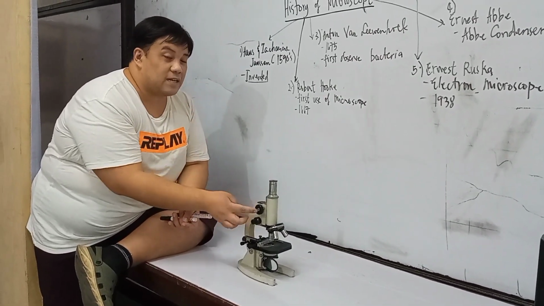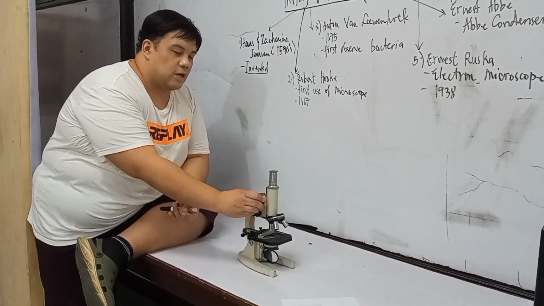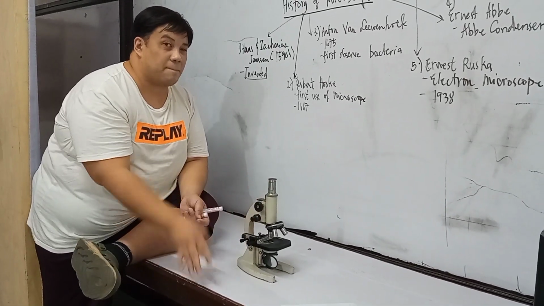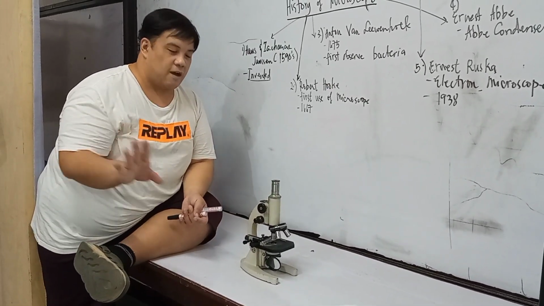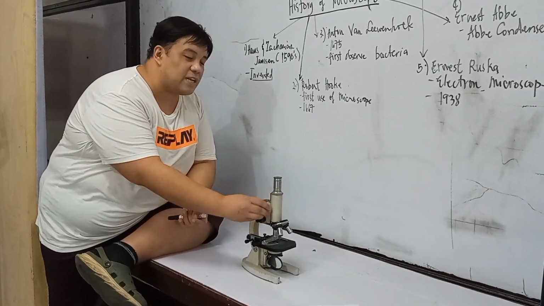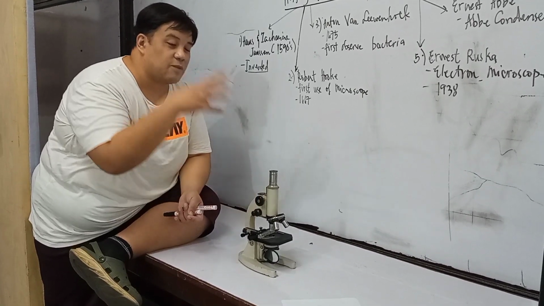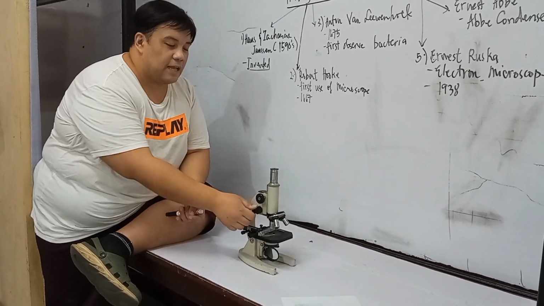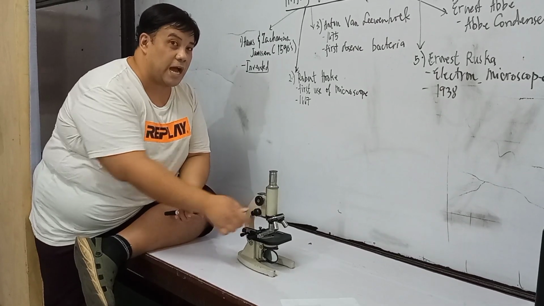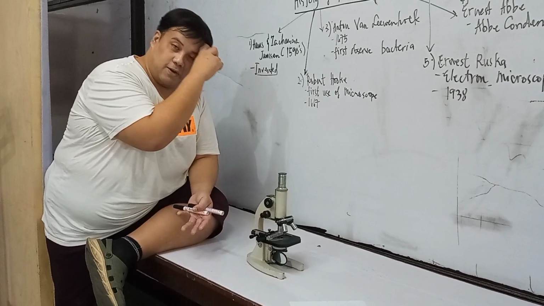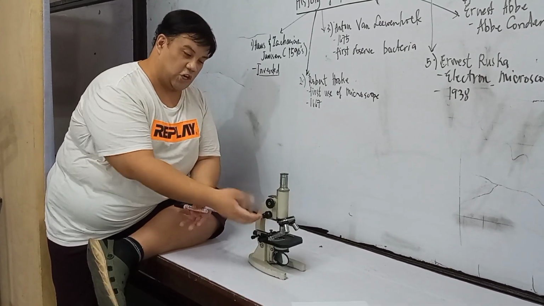Para saan ito? With this one, you should be able to see the specimen but not clearly. Next, fine adjustment knob. Kapag ginanon mo siya, makikita mo na yung specimen. You use the fine adjustment knob para mag-sharpen yung image, para maging clear.